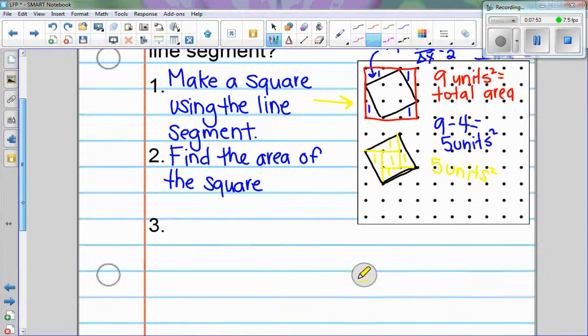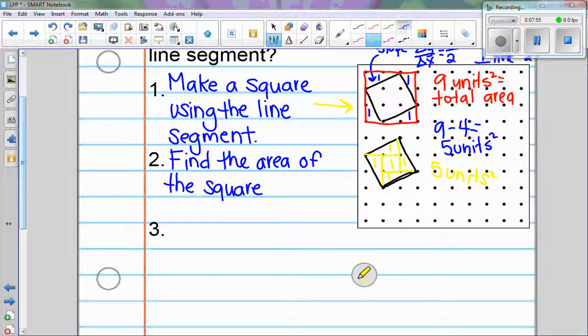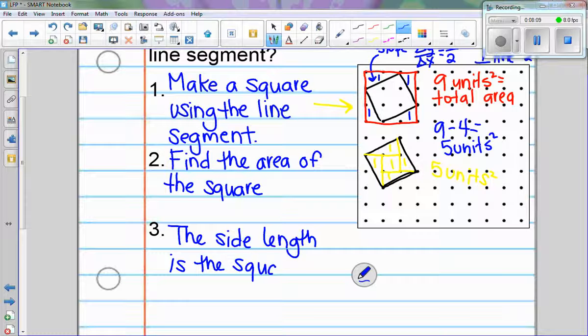All right. So the side length is the square root of the area.